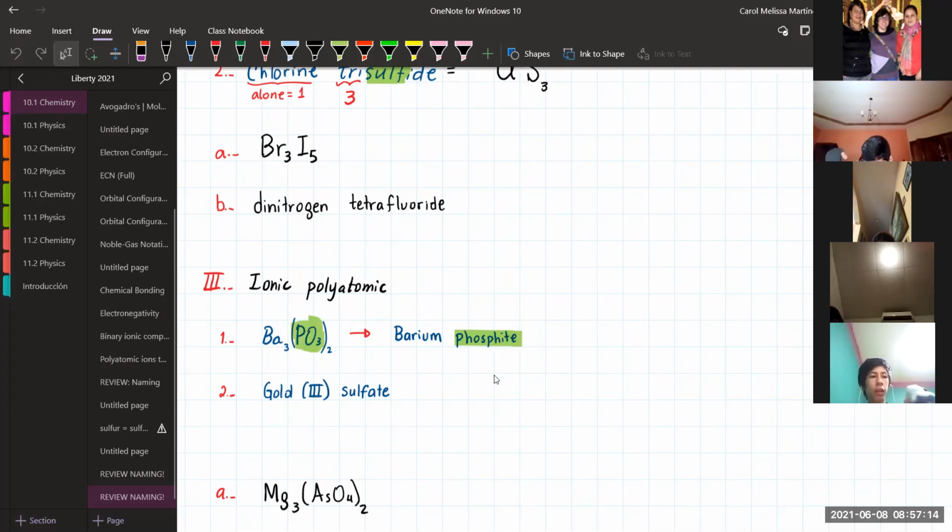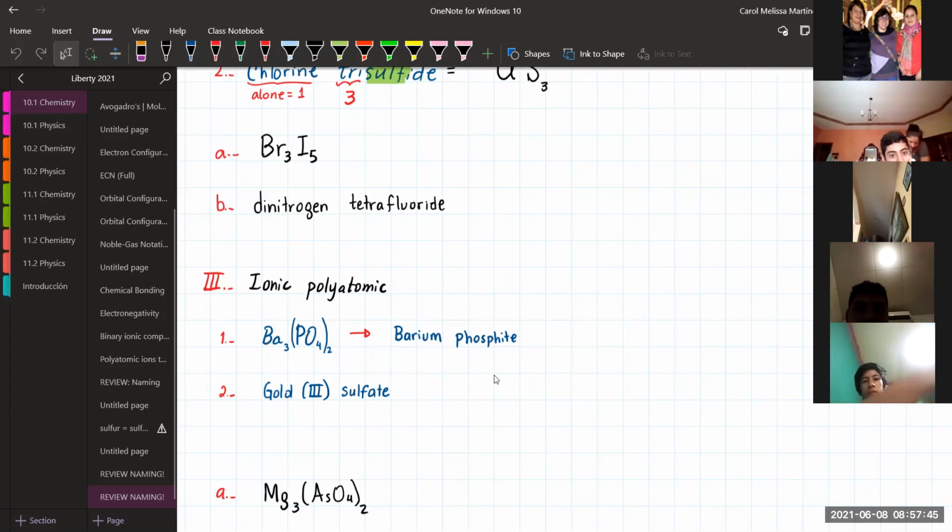So the naming process is the easiest of all the kinds of examples, because you have to write the name of the cation and the name of the polyatomic ion. Just be careful with the polyatomic ion that is given to you, because if for some reason I change this number, then my name is also going to change.